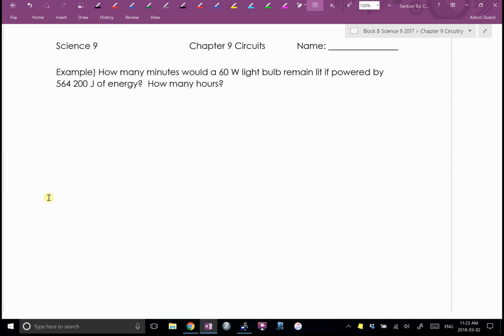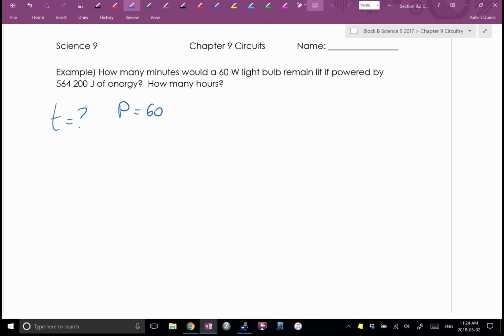Halia, what's this one asking me to find? What is minutes a measure of? Oh, so I'm going to go T equals question mark. What's that 60? Watts. Which is a measure of? Good. What's that 564,200? Joules. A measure of?